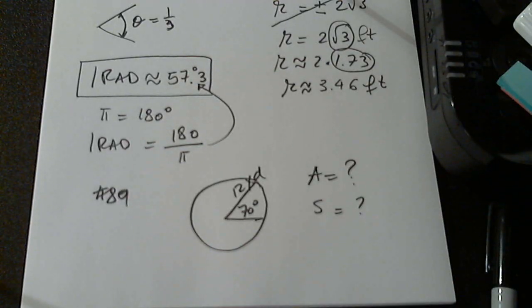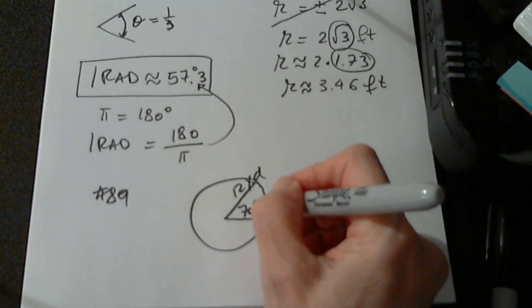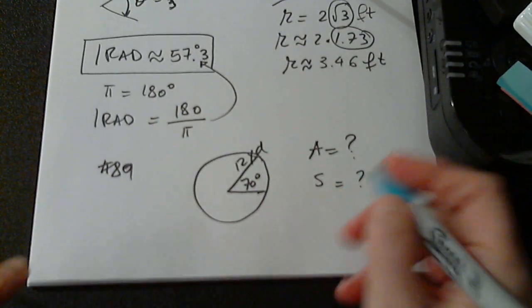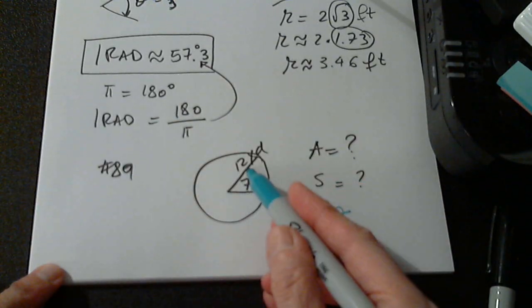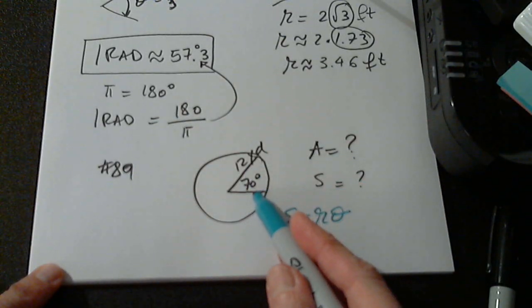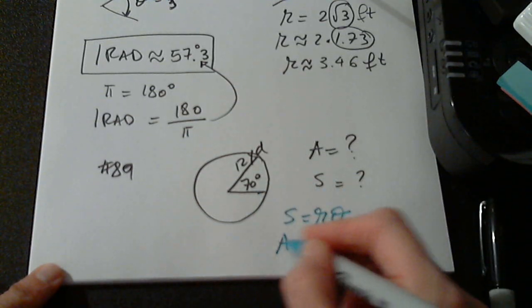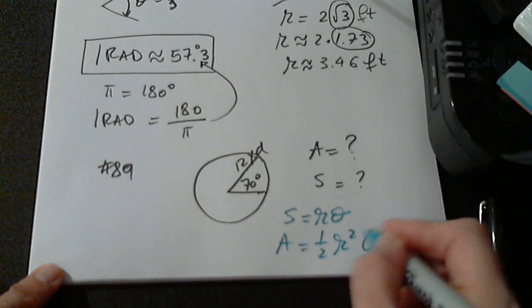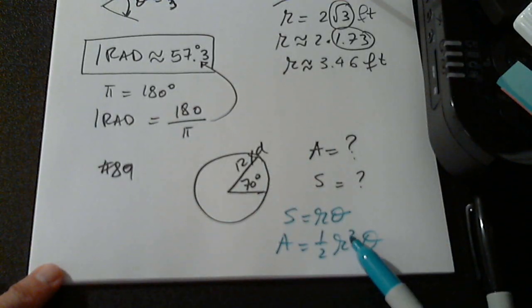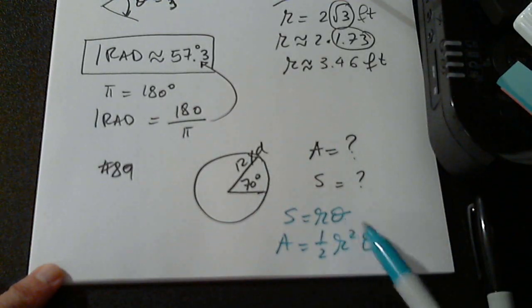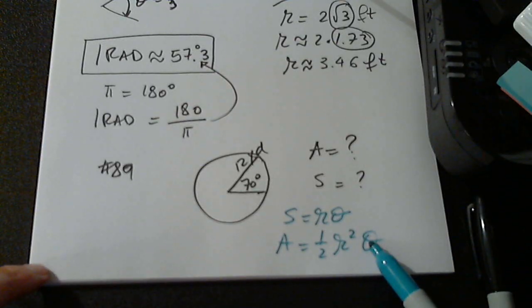I have to say to myself, stop, stop, stop, because I have to change the degrees into radians. The formula is S equals R times theta. I have R, but I don't have theta in the correct format. And A equals 1/2 R squared times theta. I have the radius, 12 squared, 1/2 in front, but I do not have theta in radians yet.